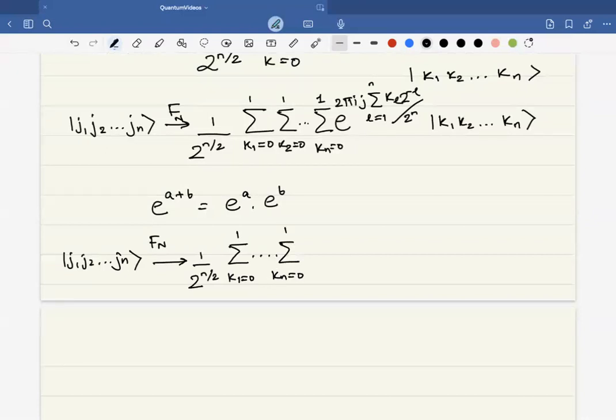And then I'm going to have this product symbol pi, which is the product symbol. This is going to be l going from 1 to n, e to the 2 pi i j and then kl over 2 power l. And then I can write this as kl.